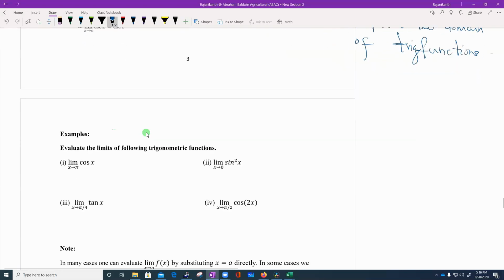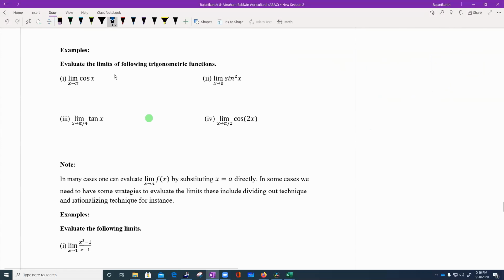Okay. So now you are going to tell me what is the limit of cosine x when x approaches pi. Who is going to tell me? Simply replace x by pi here. So you will get simply cosine pi. What is cosine pi?